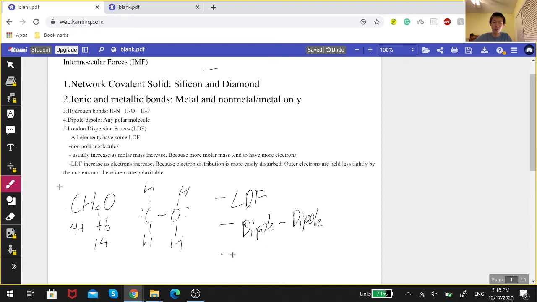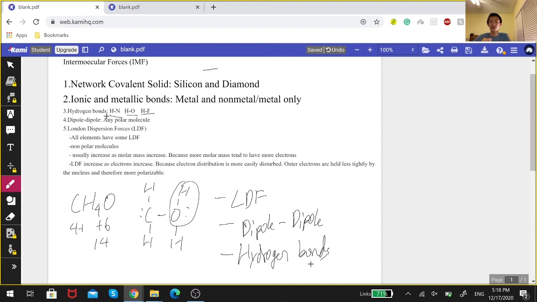Now let's see if it has hydrogen bonds. It has to be connected to HN, HO, or HF. Do we see an HN, HO, or HF over here? We do. This hydrogen is connected to O, so this one has hydrogen bonds as well.